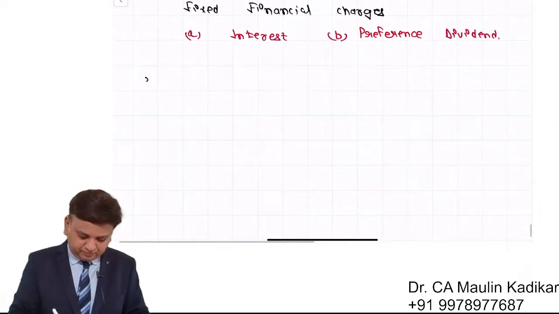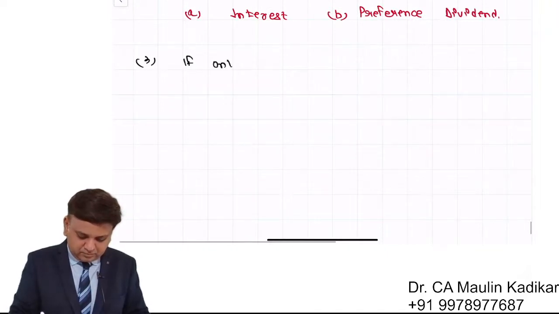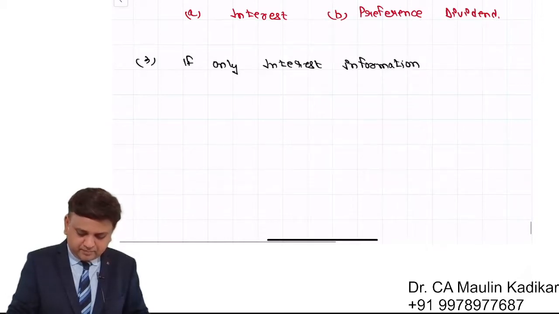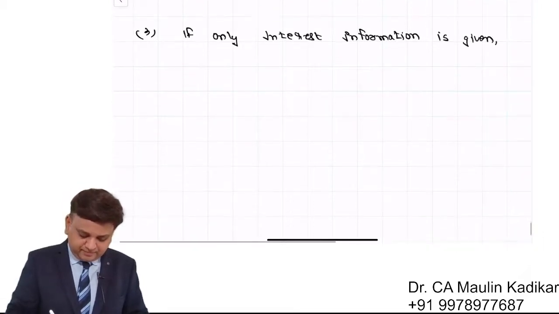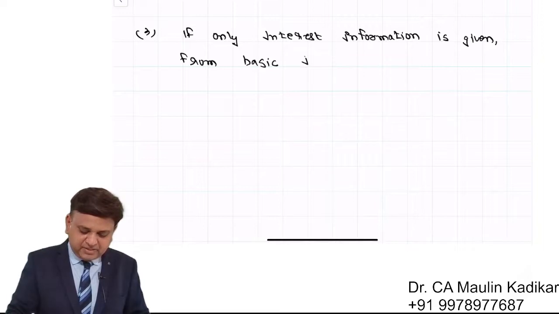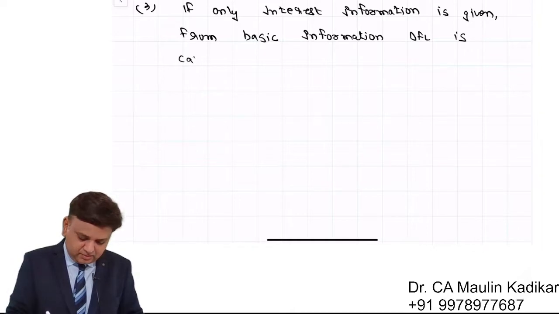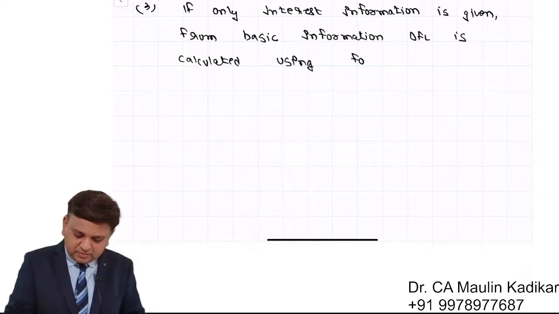Third point: if only interest information is given, from basic information DFL is calculated using the following formula.